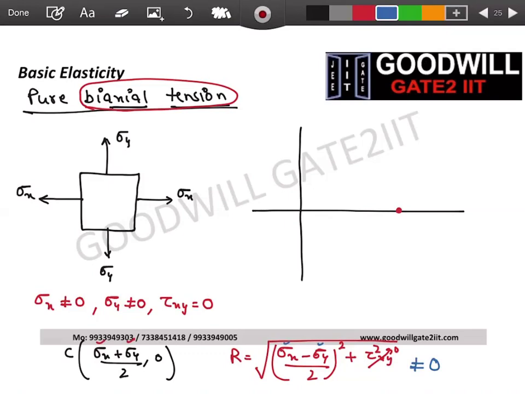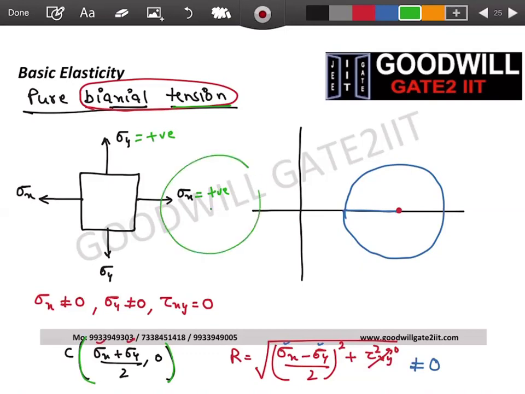And then you simply draw the circle with whatever radius comes. The major thing is you need to understand that when it is tension, sigma x is positive, sigma y is positive, so your Mohr circle should be on the positive side. If they both are negative, your Mohr circle will be on the negative side, something like this. But for this case, tension, it is something like this.